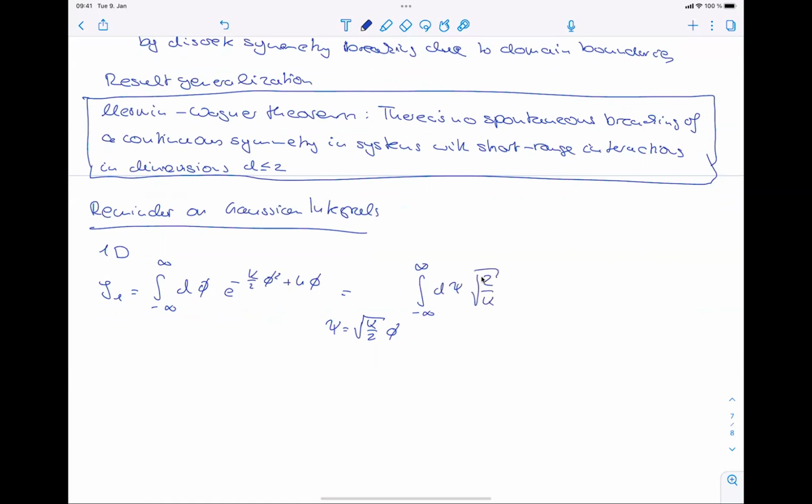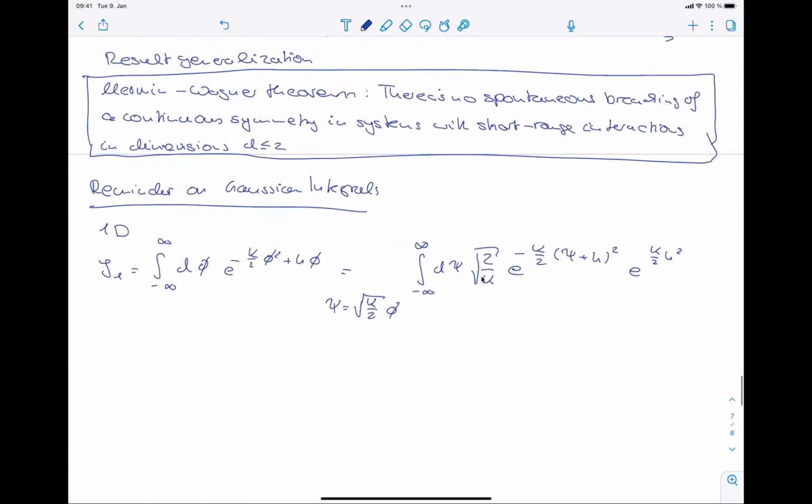Integration, change of variable factor coming in, and then writing this as minus k over 2, sorry, not phi, psi, plus h, squared. And we have k over 2 h squared left.